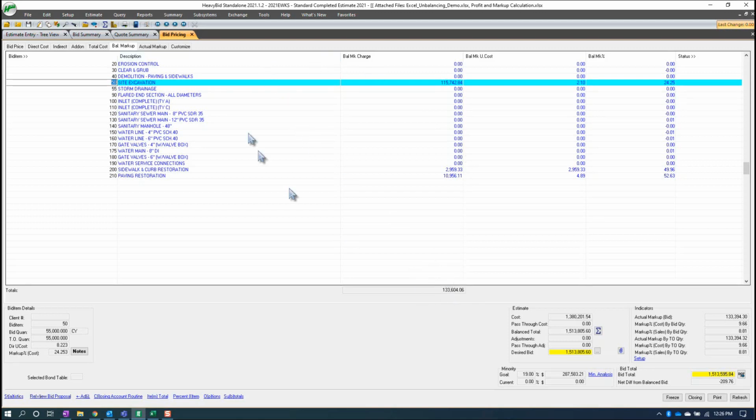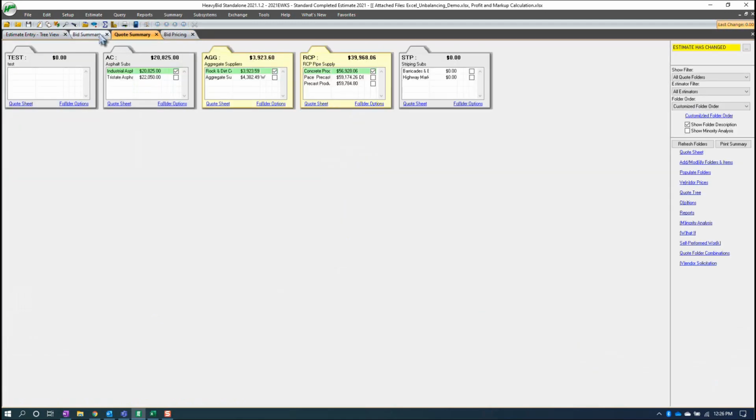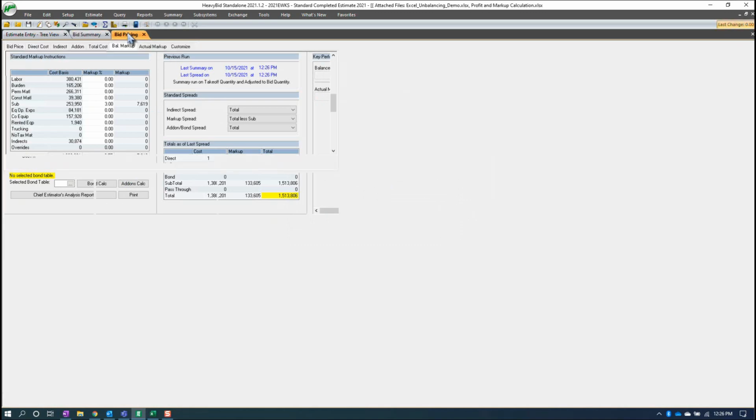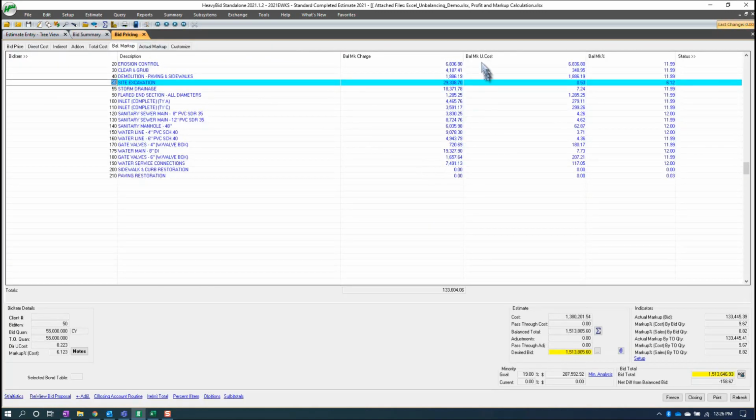I'm still getting my total, all right? I'm still getting my total here, 133. That's no issue. It's just where it's putting it that is the issue. So what do I need to do? I need to come back here and do total less sub. I'll use total less sub and then run my summary, go back to pricing, and now you can see a much better distribution.